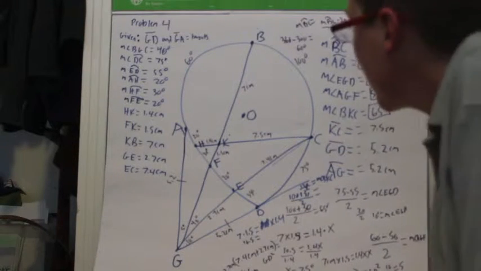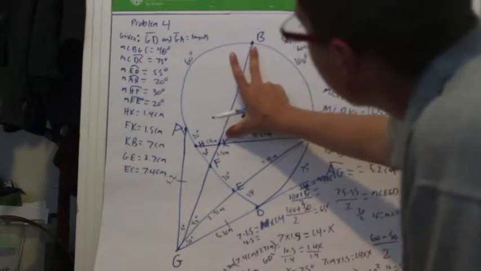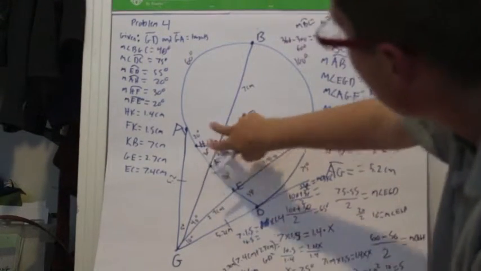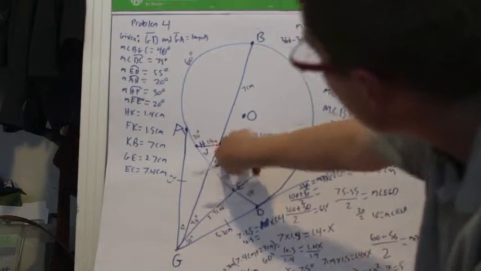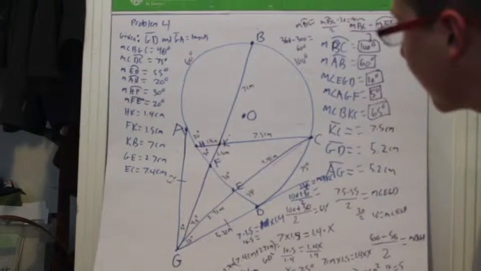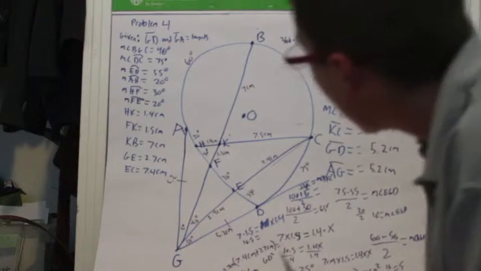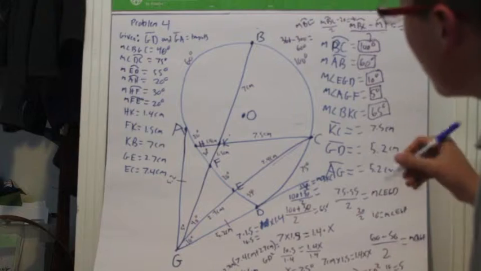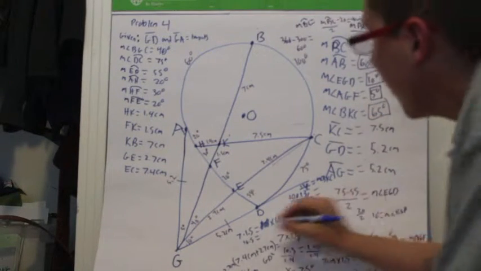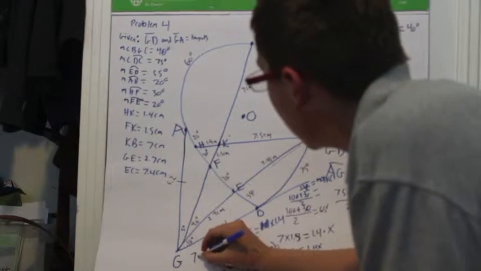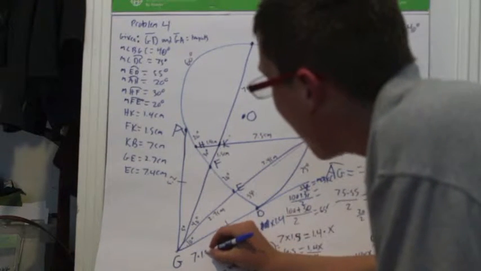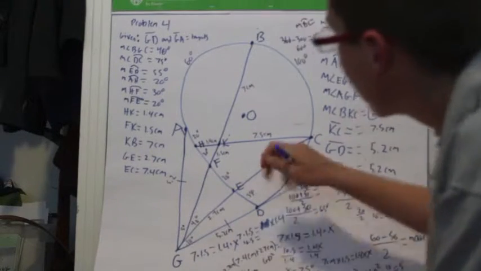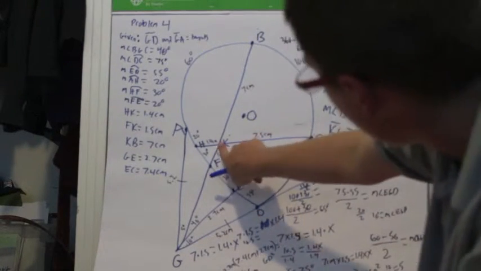This theorem states that if this chord intersects this chord, then the products of their segments will be equal. So in order to figure out the measure of KC, we can take 7 times 1.5 equals 1.4 times x. And x would be the unknown measure of KC.